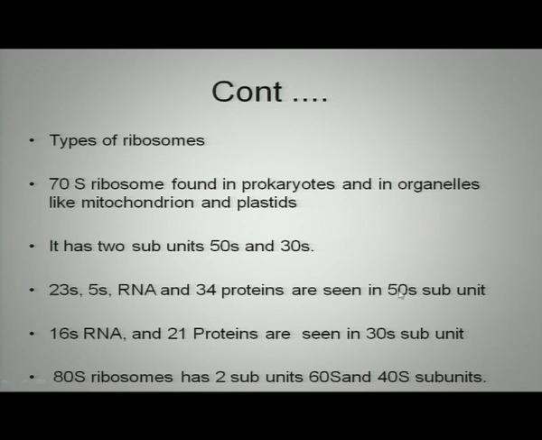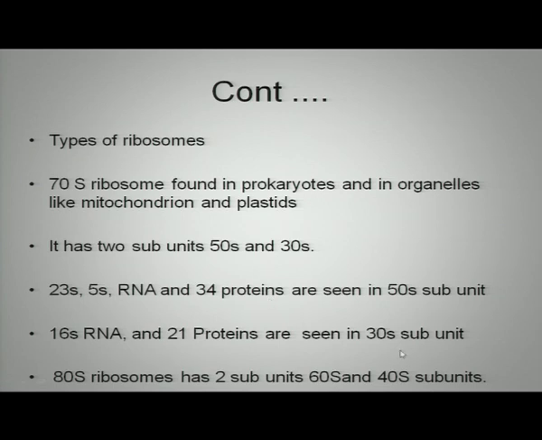Now, when we observe this 50S subunit, the larger subunit, it contains different types of RNA and different types of proteins. In the 50S subunit, that means the larger subunit of the 70S ribosome, you can see 23S RNA, 5S RNA and 34 different types of proteins.